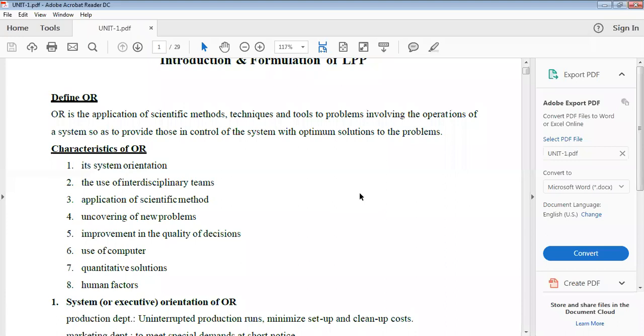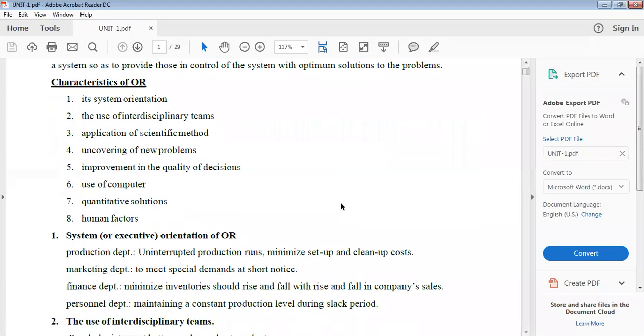Next, the characteristics of OR are: system orientation, the use of interdisciplinary teams, application of scientific method, uncovering of new problems, improvement in quality of decisions, use of computer, quantitative solutions, and human factors. System oriented means the entire factory. It is a production system where you can apply this operations research.